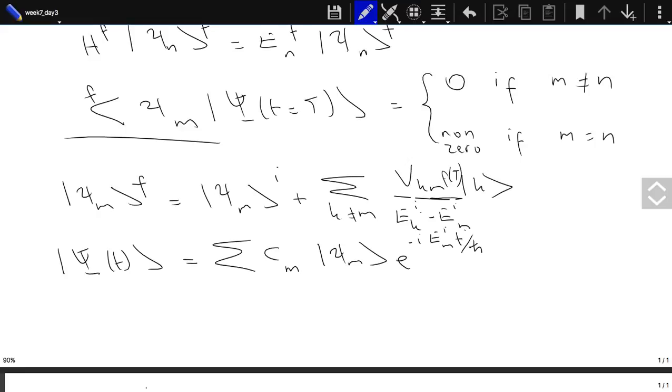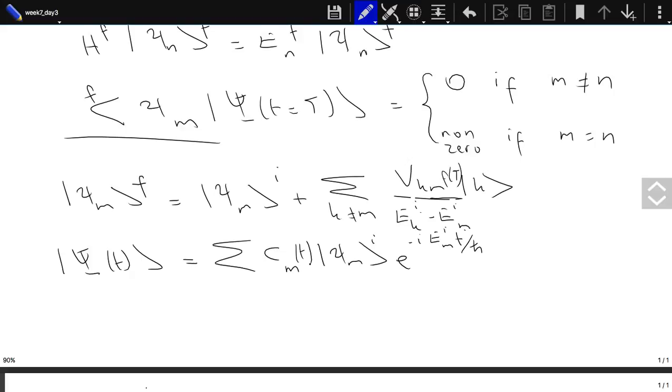Since these psi_m's, these are all eigenstates of the initial Hamiltonian, psi_m's are a complete set. We can always write it in this form, and these coefficients will be time dependent. That exponential will be the exponential if there was no perturbation.